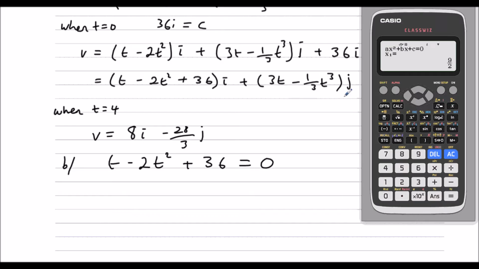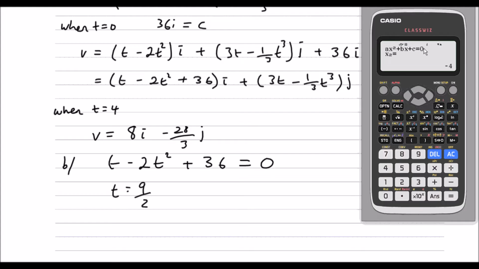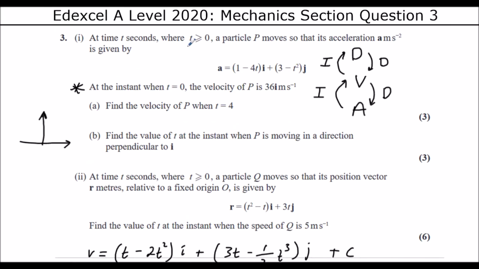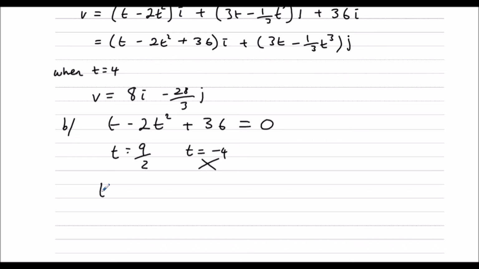So we've got 9 over 2. So t is 9 over 2, or we have negative 4. We can't have negative 4 because t was bigger or equal to 0. So t is 9 over 2, or 4.5 seconds.